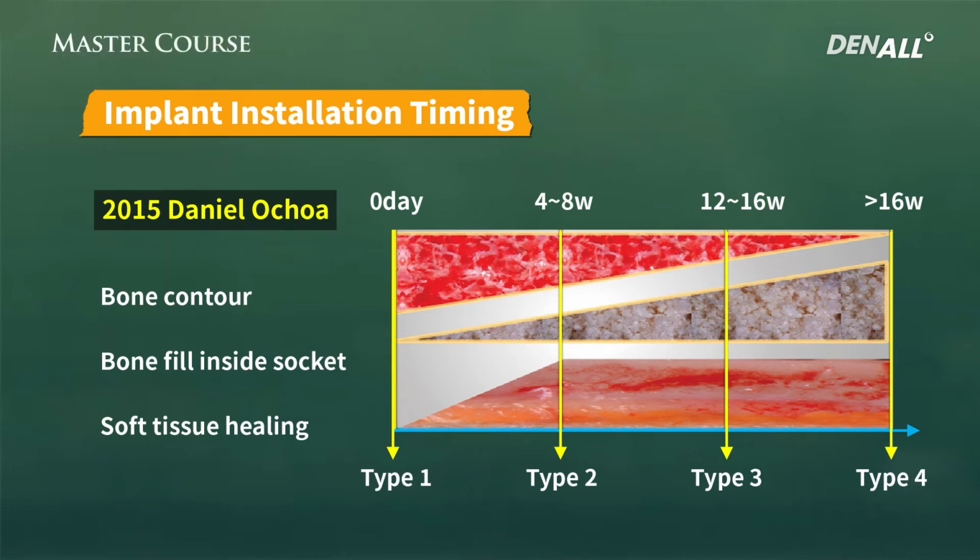Soft tissue continues to heal up until a certain point, and at 2 months, soft tissue healing is complete and the form continues to be maintained. You need to understand the healing very well, and it will be very useful in placing your implant. I'm going to talk more on this by showing you the different cases in the next lecture.